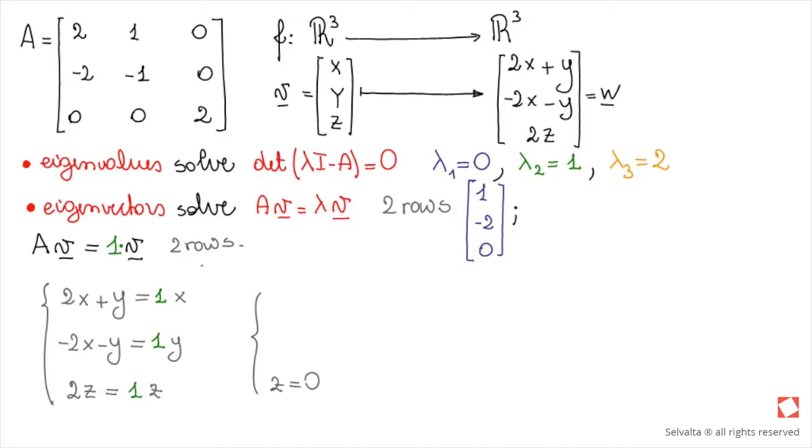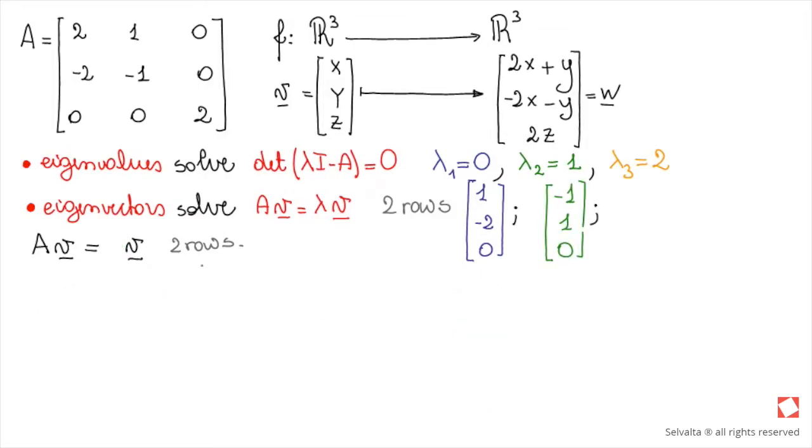The first row becomes x plus y equal to 0. The second row becomes minus 2x minus 2y equal to 0. Then we immediately see that it is the second row that has to be cancelled. And we obtain a representative eigenvector with a 0 third component and the first 2 components which may be added to get 0. Then, for instance, I can keep minus 1, 1, 0 as a representative eigenvector for lambda 2.